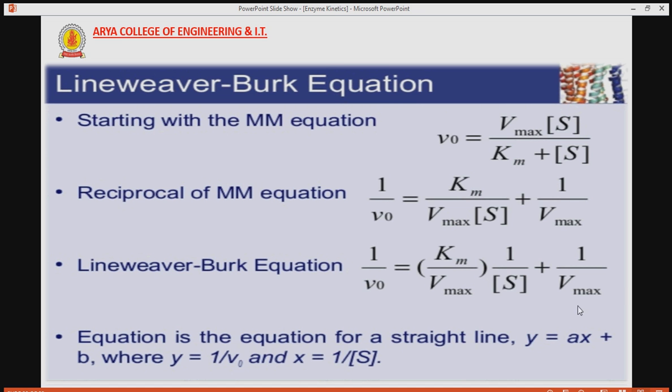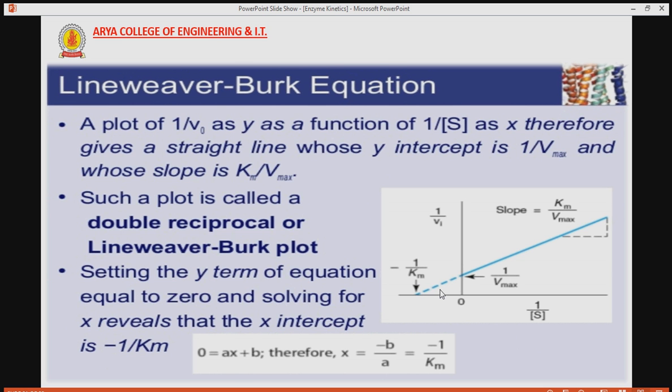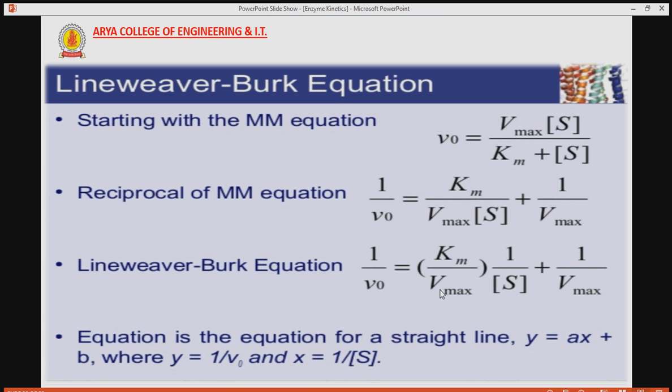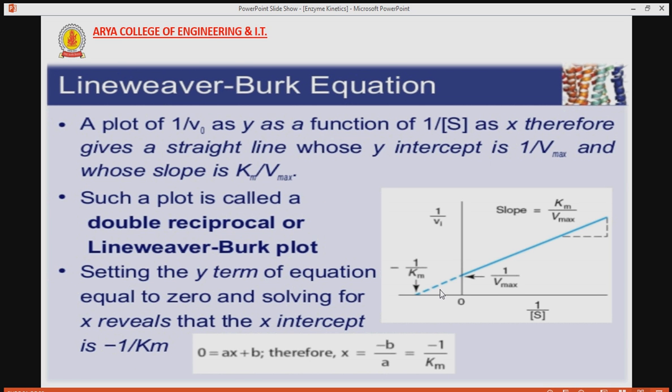If we compare this equation, it is an equation of a straight line. Here y is equal to ax plus b, and here y is equal to 1 upon V naught, Km upon Vmax is a, and 1 upon V max is b, while 1 upon S is x.